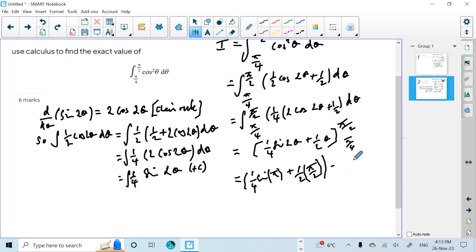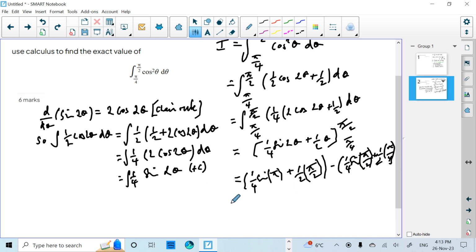Minus, and then again open brackets, 1/4 sine pi over 2, plus a half times pi over 4. And we close brackets around that, and close brackets around that.